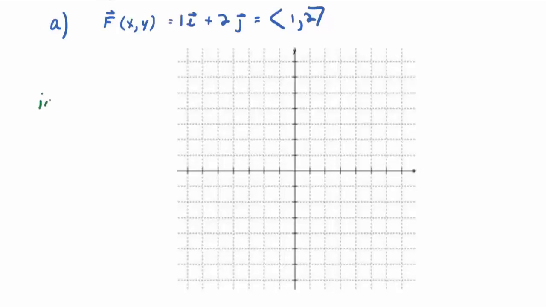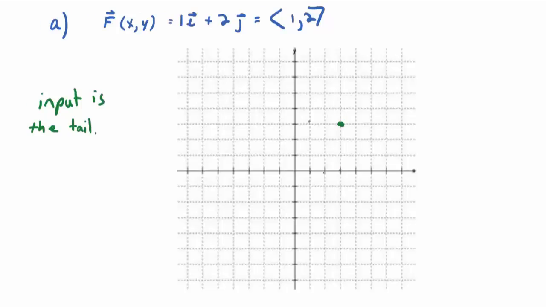The input, which is x, y, whatever that happens to be, is the tail of the vector. No matter what point I pick, let's say my input is 3, 3.